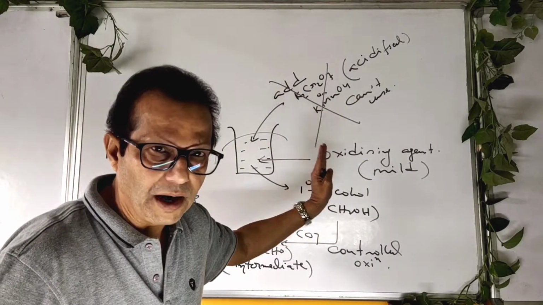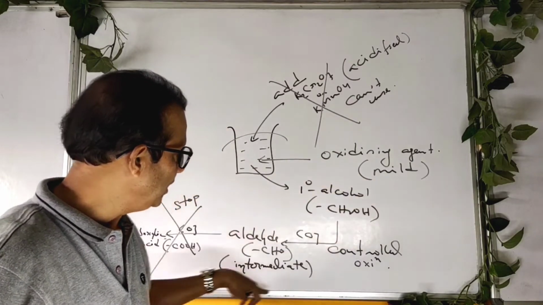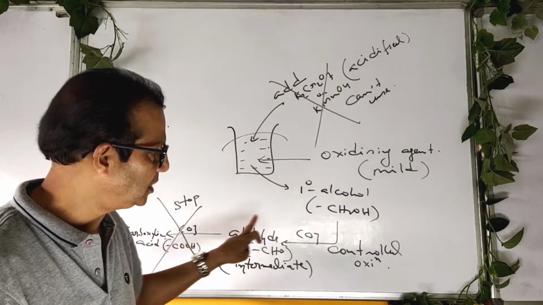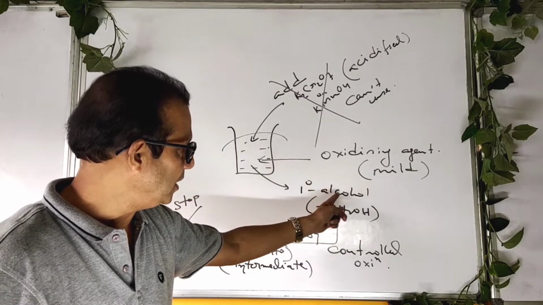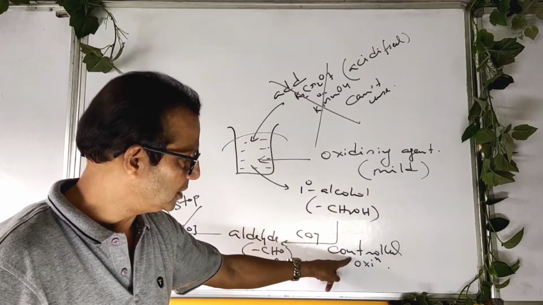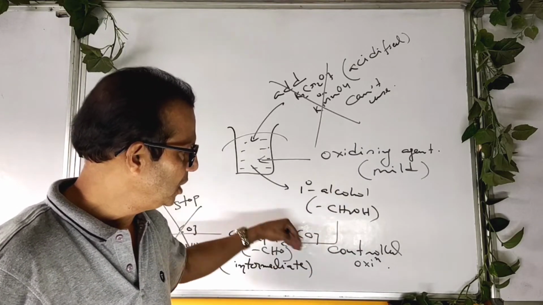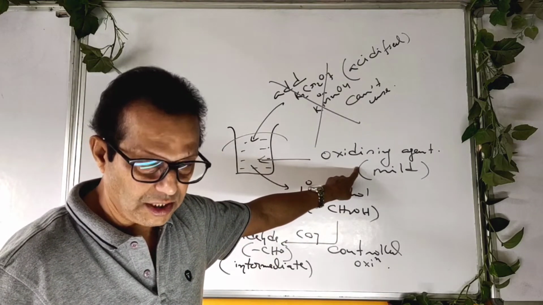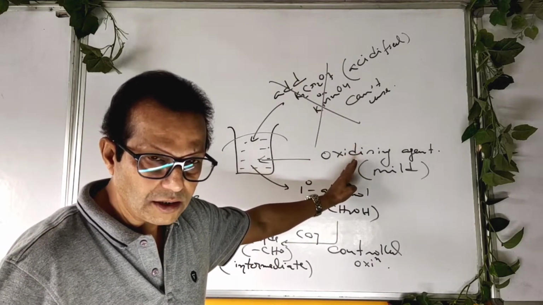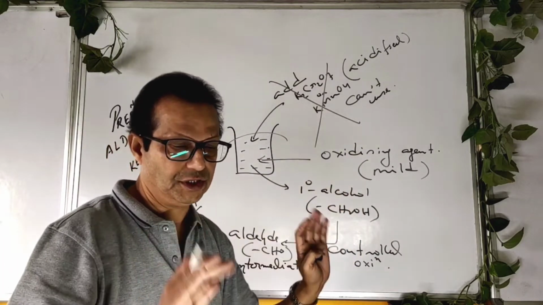So by complete oxidation, primary alcohol finally gives carboxylic acid, but under controlled oxidation, primary alcohol gives aldehyde. The controlled or partial oxidation can be carried out in presence of a mild oxidizing agent. What type of oxidizing agents are used here? Let's proceed.